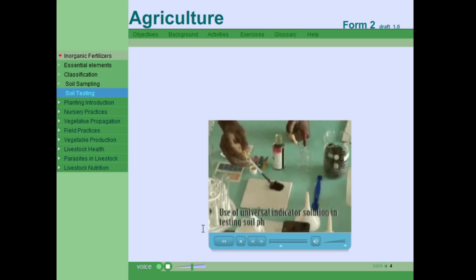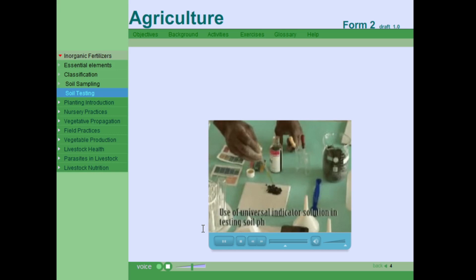We shall add 2 cubic centimeters of the indicator solution.